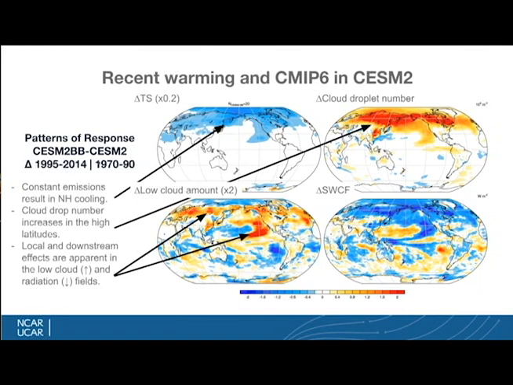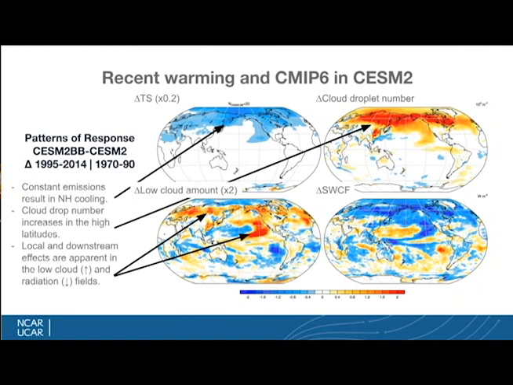So we can compare how changing the emissions compared to the original CESM2 CMIP6 version changes, right? So changing to the new biomass burning emission means that over that period, the warming, which is very much concentrated in the polar regions, has decreased very, very significantly. So this is exactly what we were seeing before.